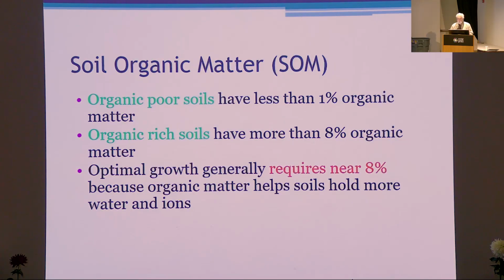Optimal growth, basically the optimal soil, is usually going to have something greater than 8% or somewhere around 8% organic matter. And again, this is related to the presence of the clay particles and the humus particles that have that ability to hold on and retain the minerals and make them available to the plant.